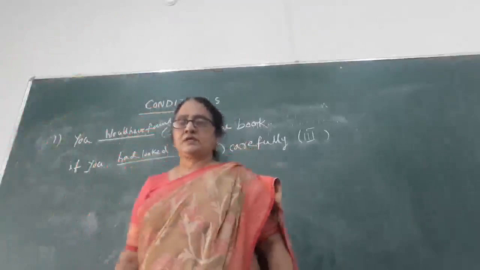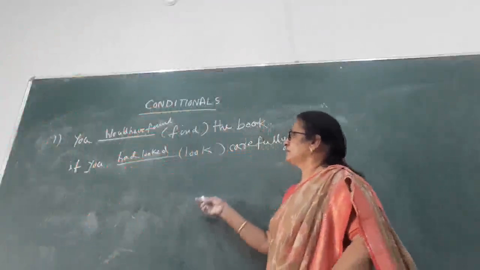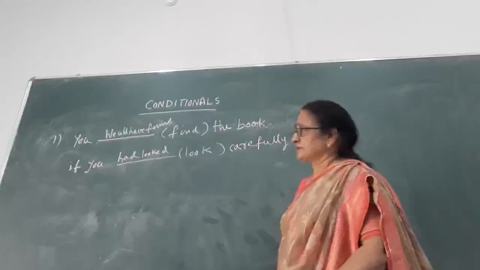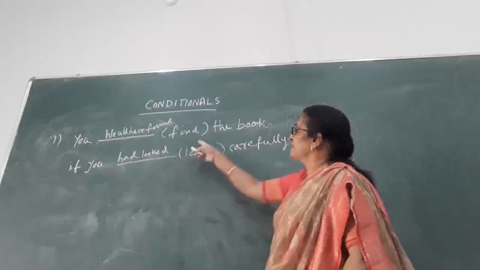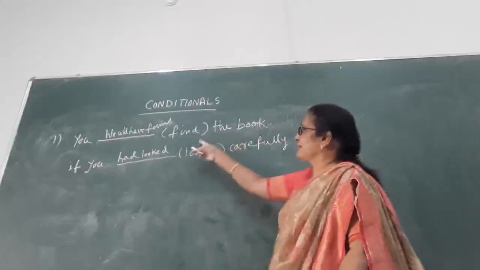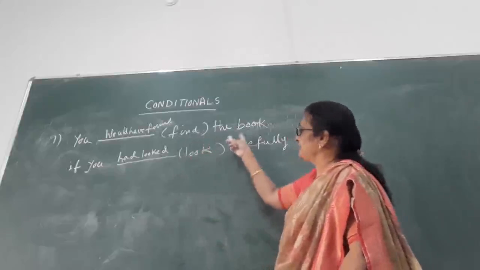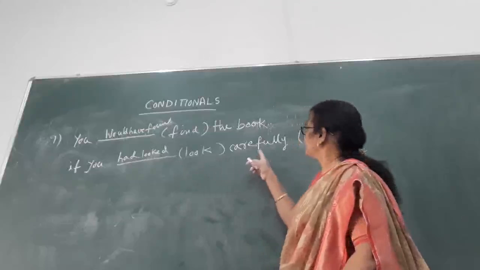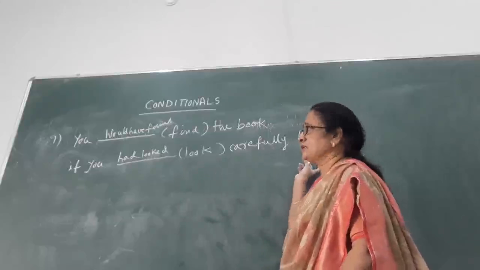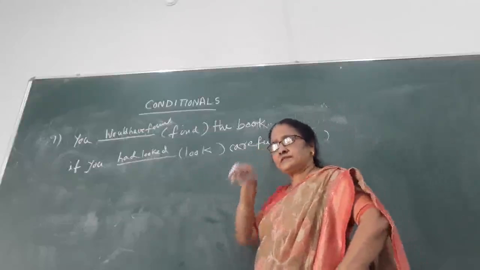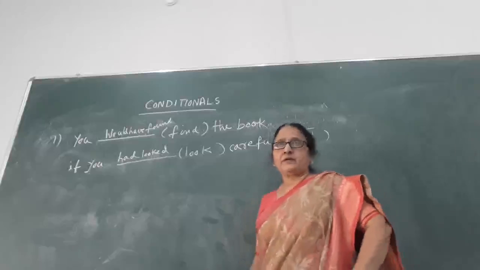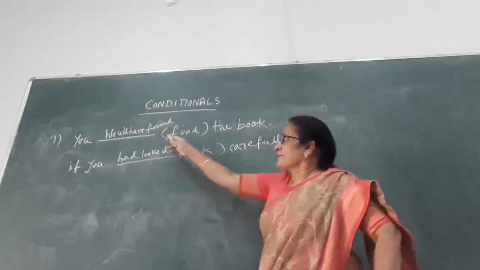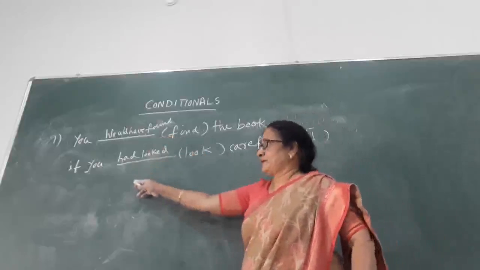Now students, I have written this ninth bit on the board. Please see your textbook. You dash find the book within brackets find. You dash find the book if you dash within brackets look carefully. Third conditional you have to write. Third conditional and mixed conditional, I told you, they will mostly be the same. And here it is the main clause, and the if clause comes in the next part.